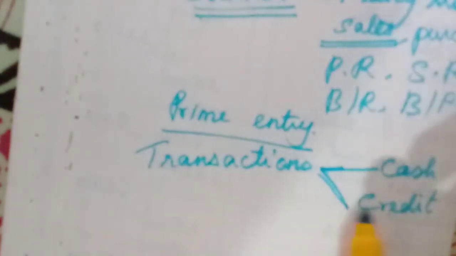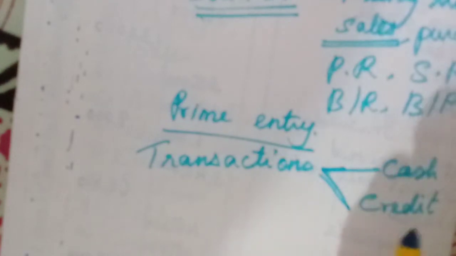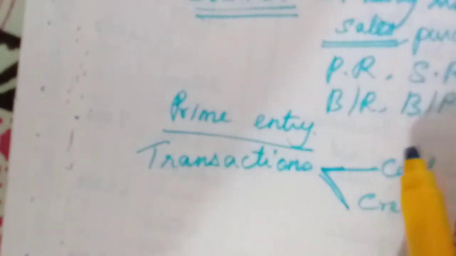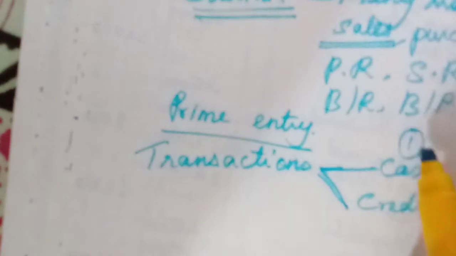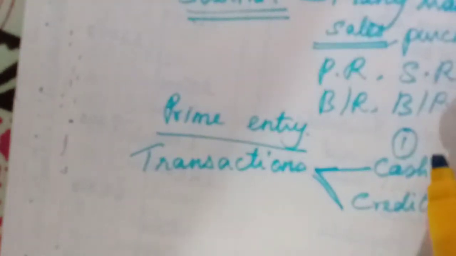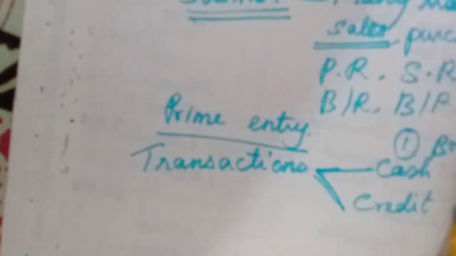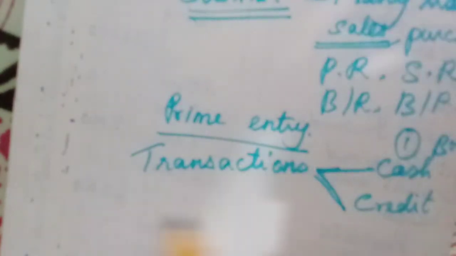If cash is involved in a transaction, it is a cash transaction. So, the first and foremost subsidiary book is called the cash book, for recording the cash transactions.